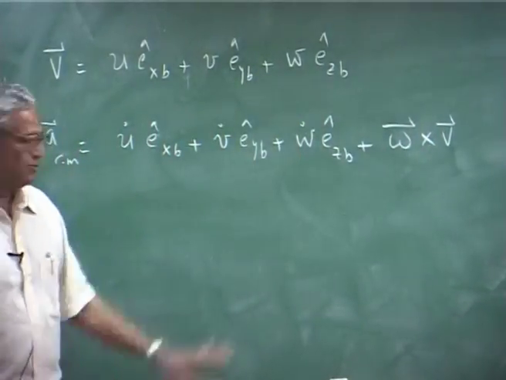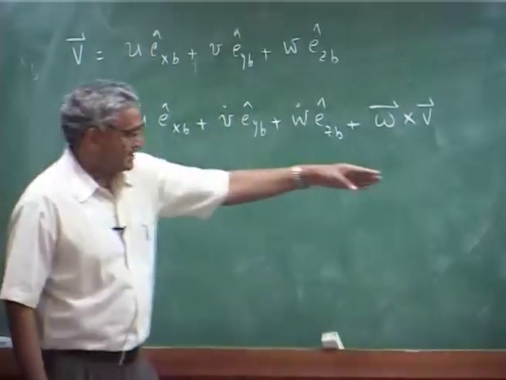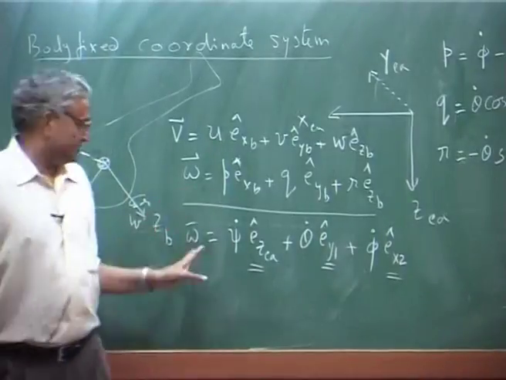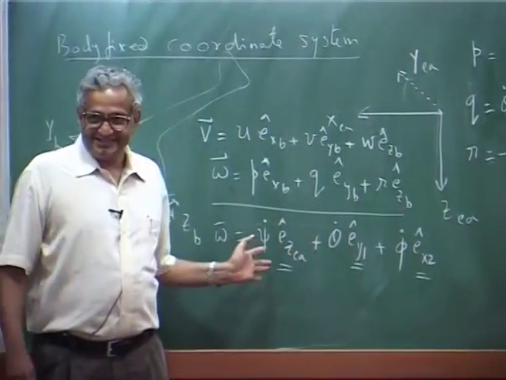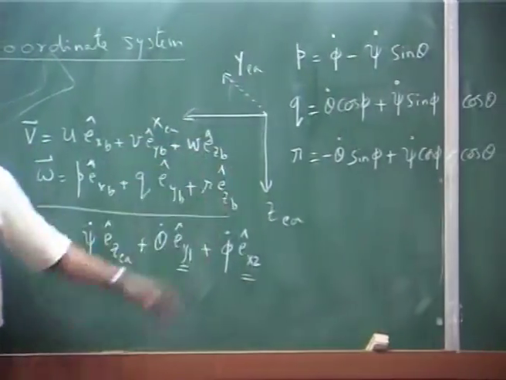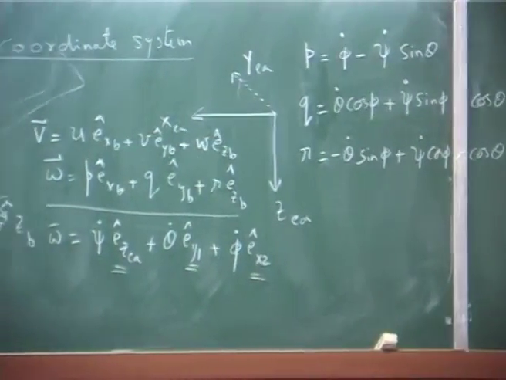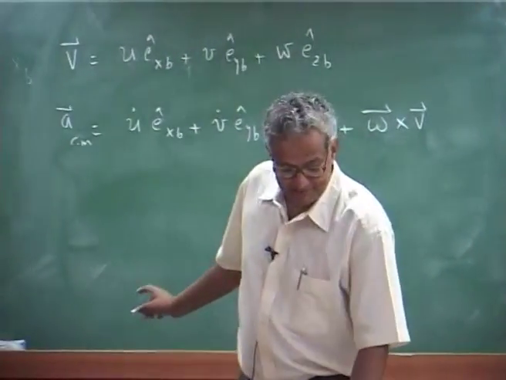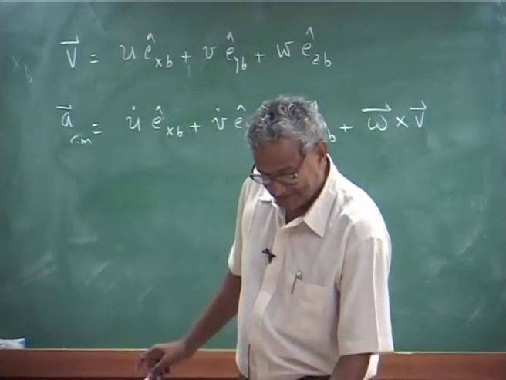Now you put the omega as PQR. Do not use this omega, because that we will keep as a separate relationship. Always use PQR, take a cross product, and you will have the acceleration of the vehicle.